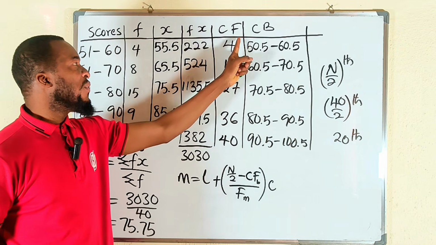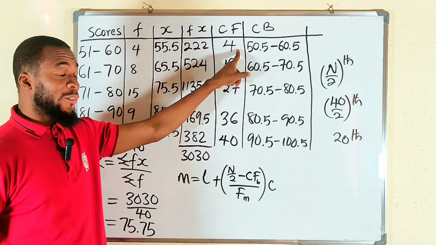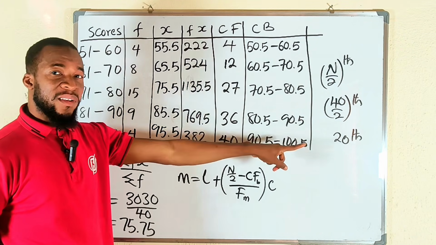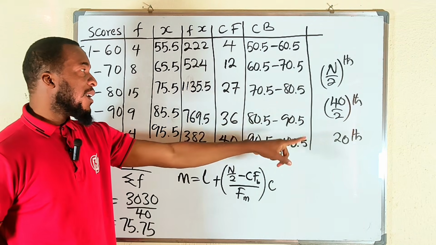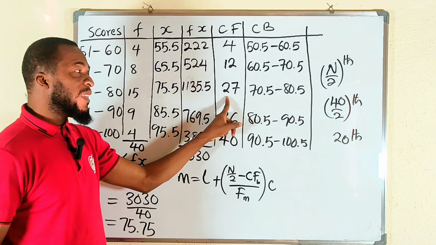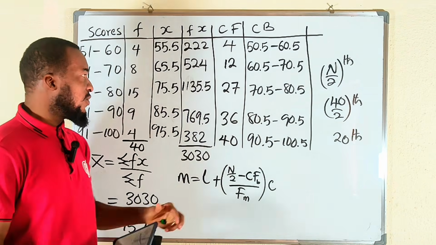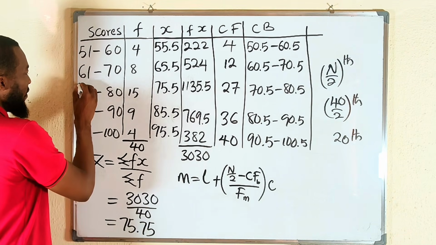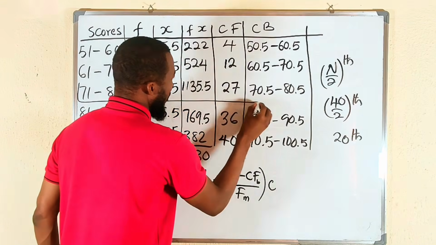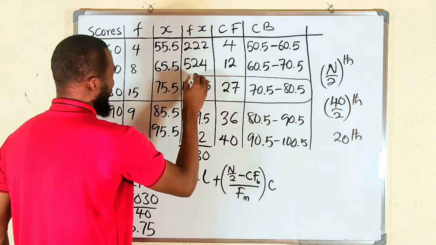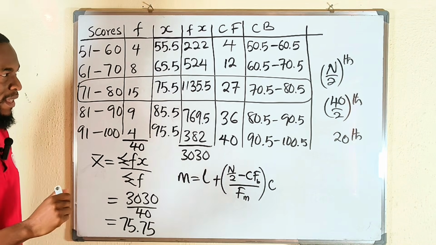This is our cumulative frequency. You can see this is 40, this is 4, which is less than that. 12 is less than that. 27 is more than 20. So it means that this 20 is within this range. So this is the, what do we call it? Median class. This is the median class.